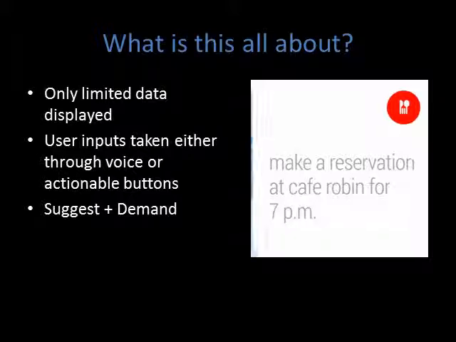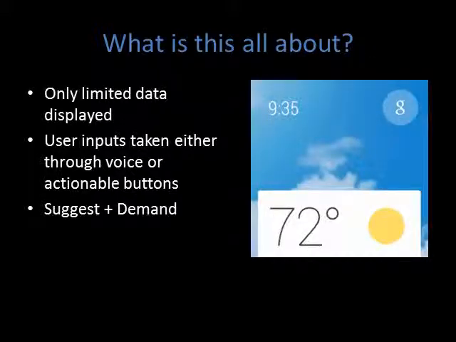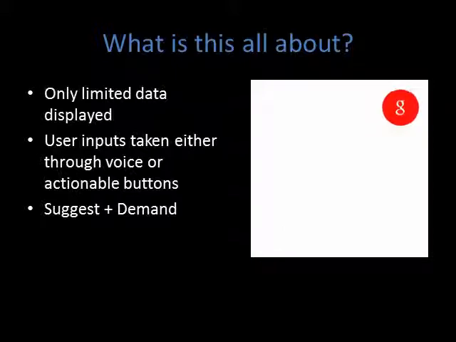So here the user inputs are taken either through a voice command, or through limited actionable buttons like the G which you're seeing on the screen. The G is a small icon on the screen, and when you tap on it, it takes you to a search page where you can speak your search input, and it does the Google search and renders the results for you.